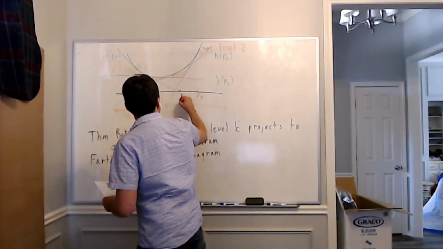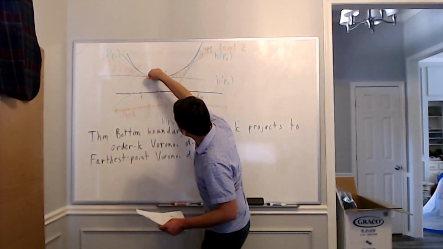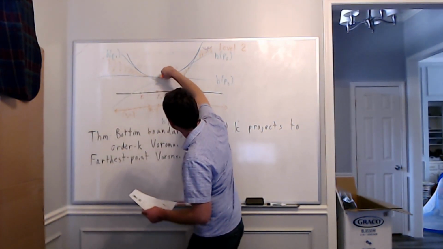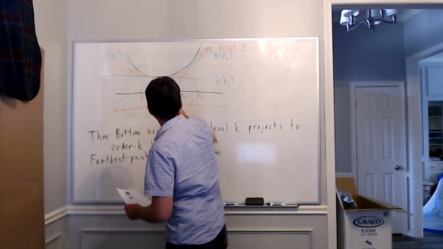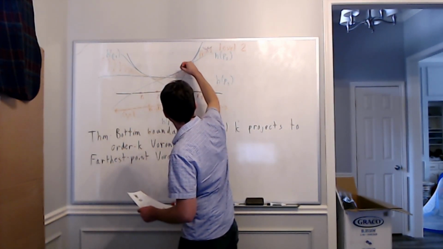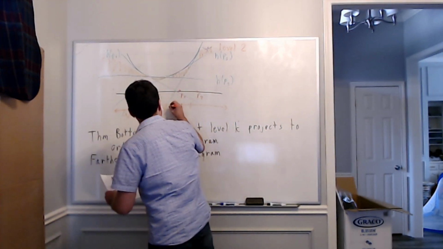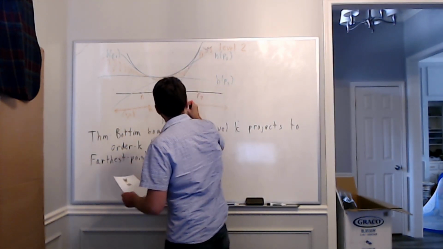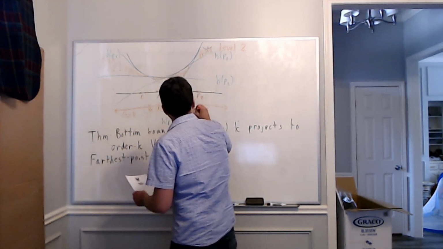Between here and here, sites 2 and 1 are closest. Between here and here, sites 2 and 3 are closest. Between here and here, we have sites 3 and it looks like 2. Between here and here, we have sites 4 and 3, or rather 3 and 4 in that order. And then we have 4 and 3 in that order.